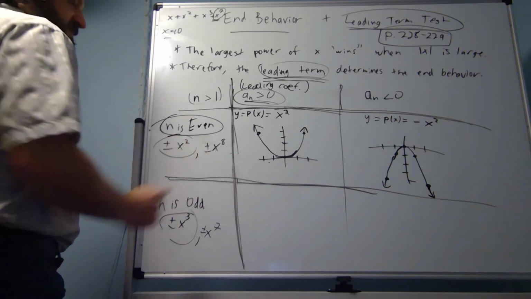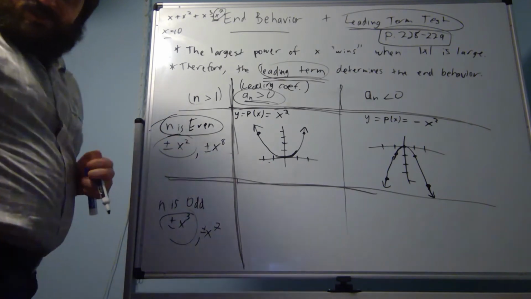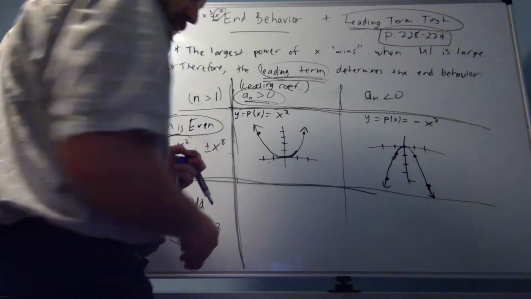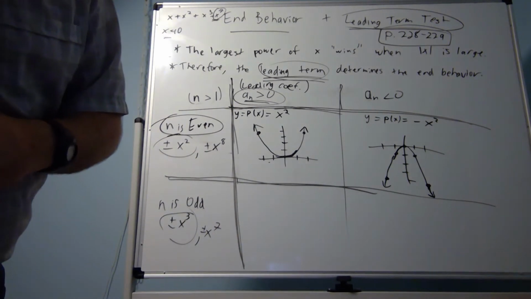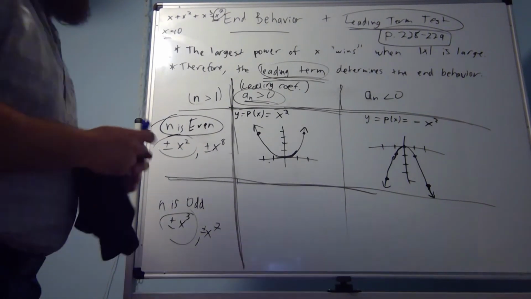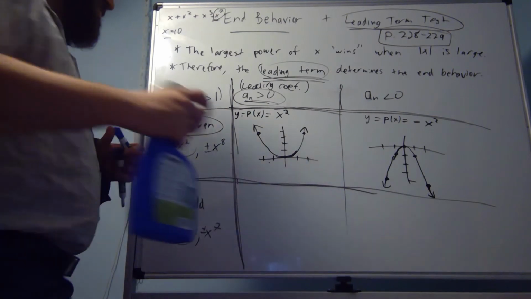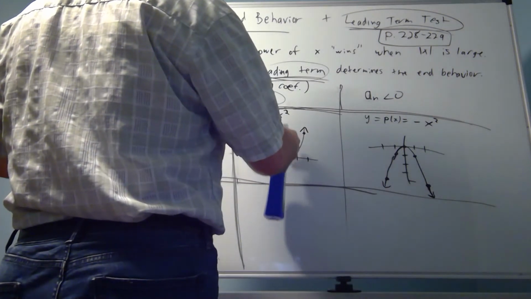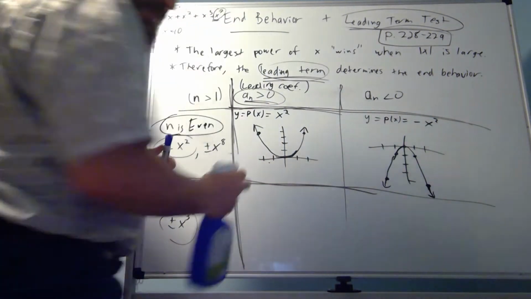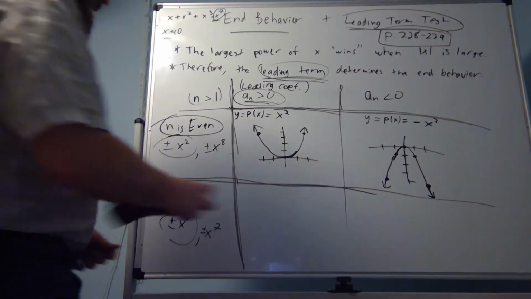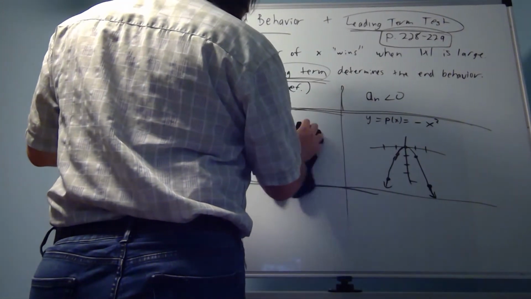So the general case is I'm going to erase what happens in the middle, because in the middle everything's up for grabs. X is not super duper huge, so it depends massively on the coefficients, and the individual terms fight it out. It goes up, it goes down.